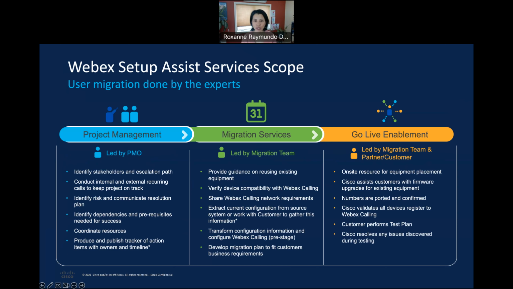Numbers that need to be ported are also ported and confirmed. A key part of go live is the performance of a test plan. This test plan will identify and verify any issues discovered during testing and will address all those issues to ensure a successful deployment.